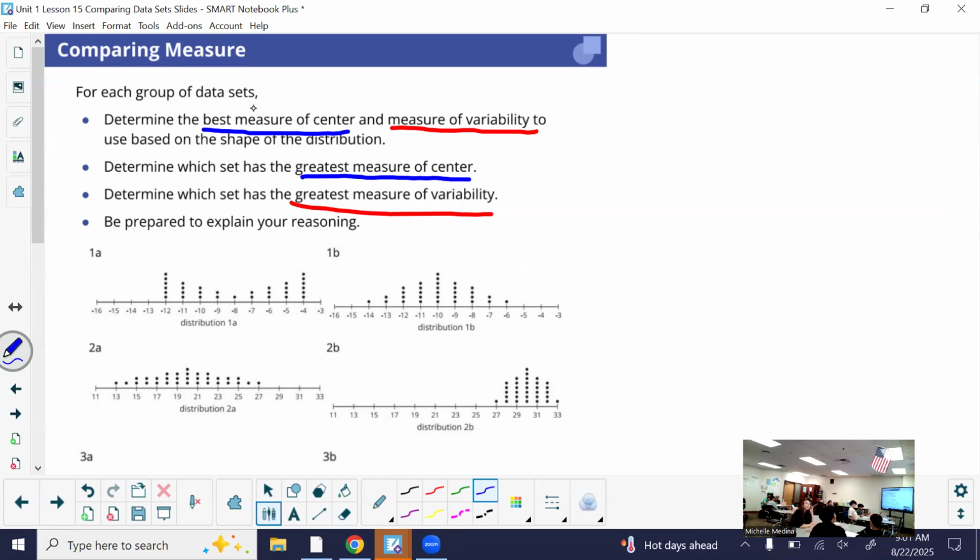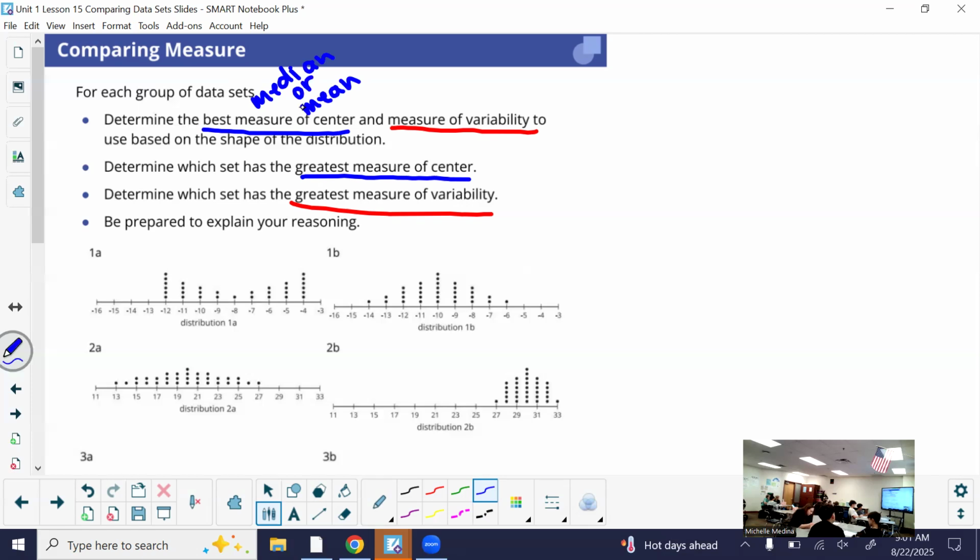You can't tell me what an example is for a measure of center? Median is a measure of center. And mean. So when I ask you what's a better measure of center, don't say standard deviation. That's not a measure of center. Don't say bell shapes. That's not a measure of center.